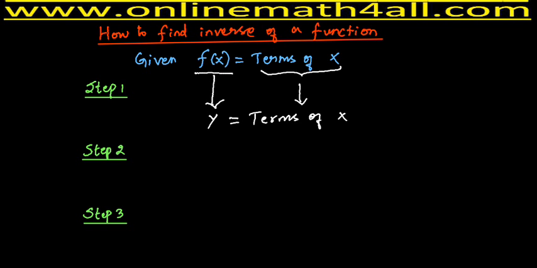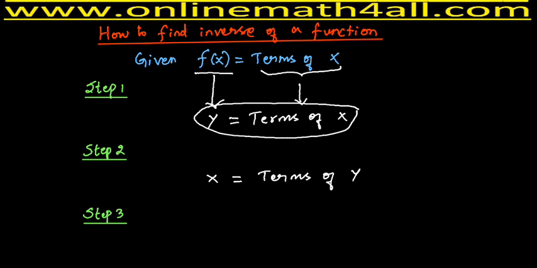So instead of y, we'll have x on the left side of the equal sign. On the right side, we'll have terms of y. Because this function has been redefined by x in terms of y, that is the result of step 2. From this we have to move to step 3.